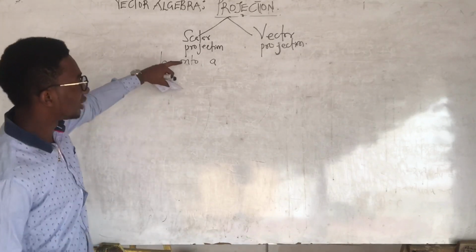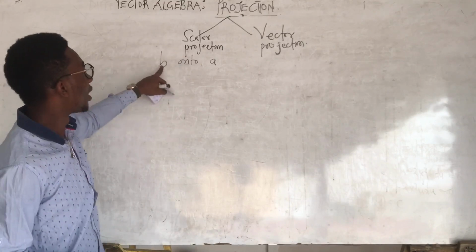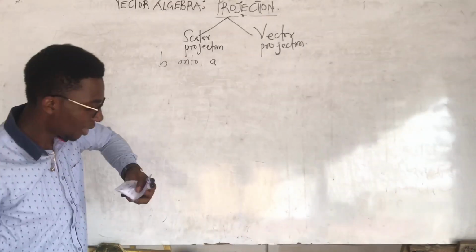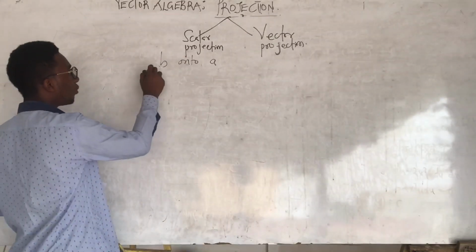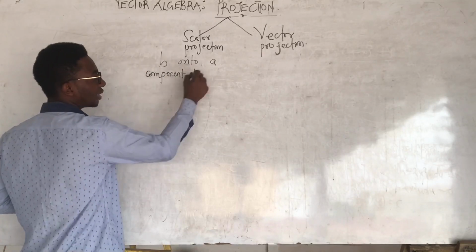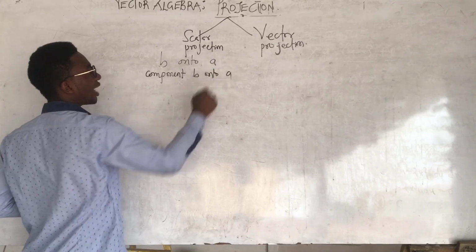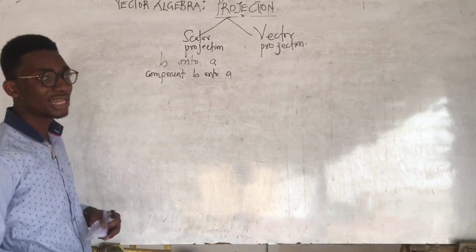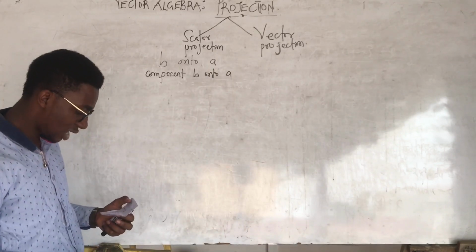With scalar projection, when you project from a vector onto another vector, it is the component of the vector onto the other vector. That is for scalar projection.